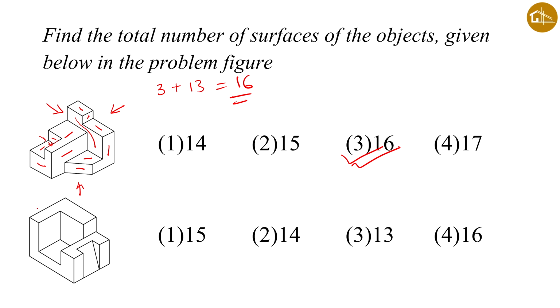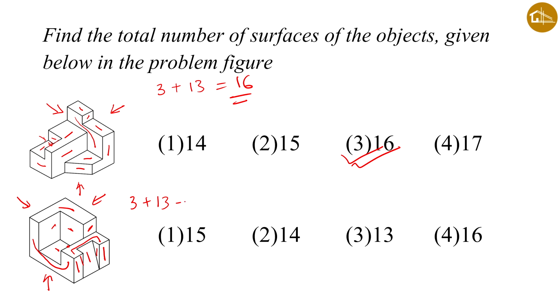Same over here we will do. We will first write these three faces. So these three faces are 3 plus 1, 2, 3, 4, 5, and this hidden one 6, 7, 8, 9, 10, 11, 12, and hidden 13.